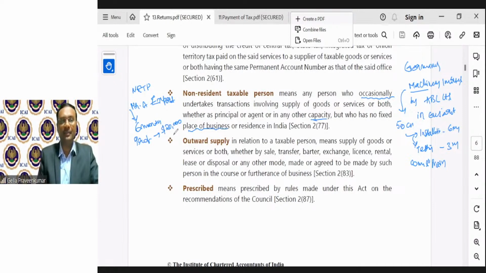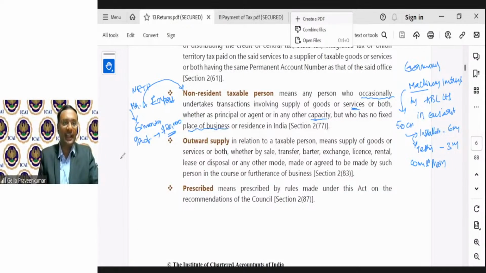Now, since these are professional services, this A is called an NRTP: the person who occasionally undertakes a transaction which involves supply of service, who has no fixed place of business or residence in India. Because he is supplying a service in India, he would be called an NRTP. Then he would take a separate registration called NRTP.